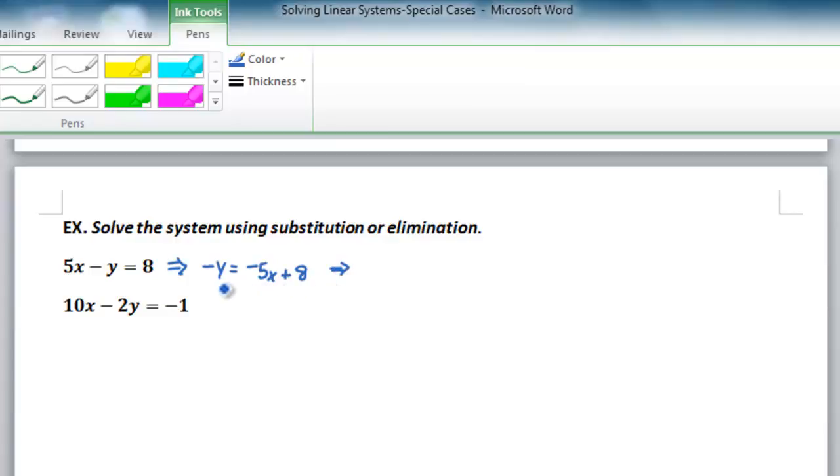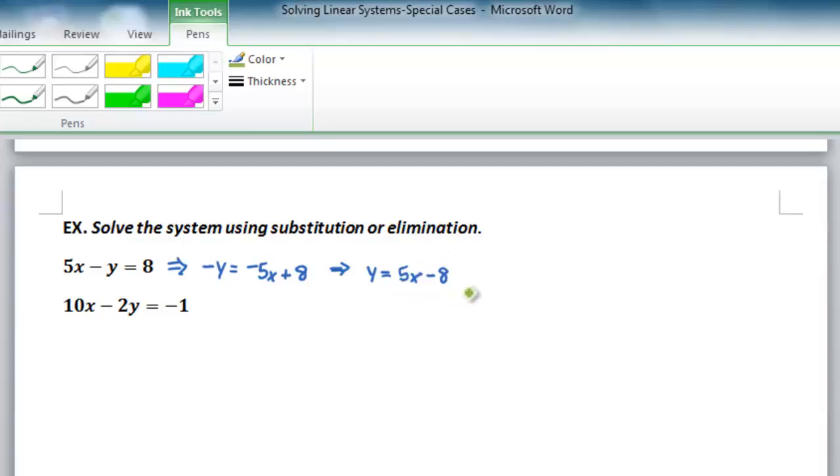Now, I'll need to multiply both sides of this equation by -1. That gives me y is equal to 5x minus 8. Remember, when you're multiplying by -1, the sign of each term changes.